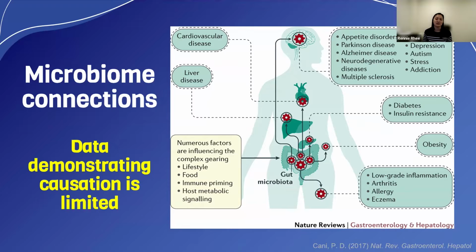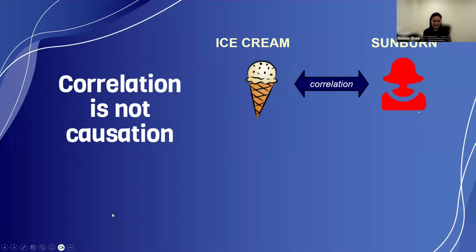They have not actually demonstrated that the microbiome is causing disease. And so I think this is still where the field really needs to move beyond links to actually finding causation, to demonstrate that this could potentially be a target for treatment. And just a reminder, why correlation is not causation.